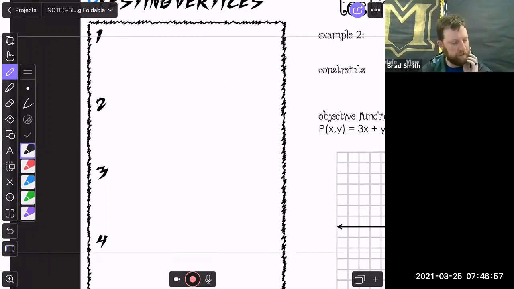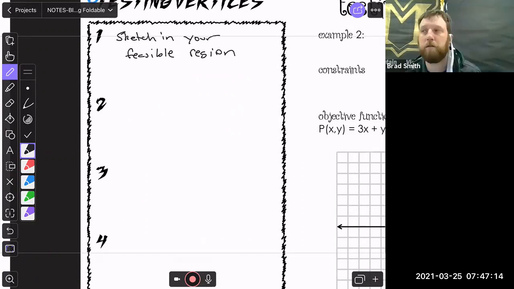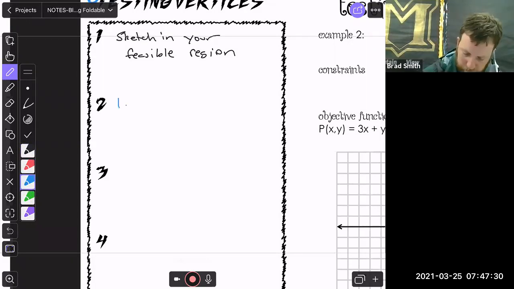All right, in order to test our vertices, we're going to sketch in your feasible region. All right, next, we're going to identify and label the vertices with their coordinates.